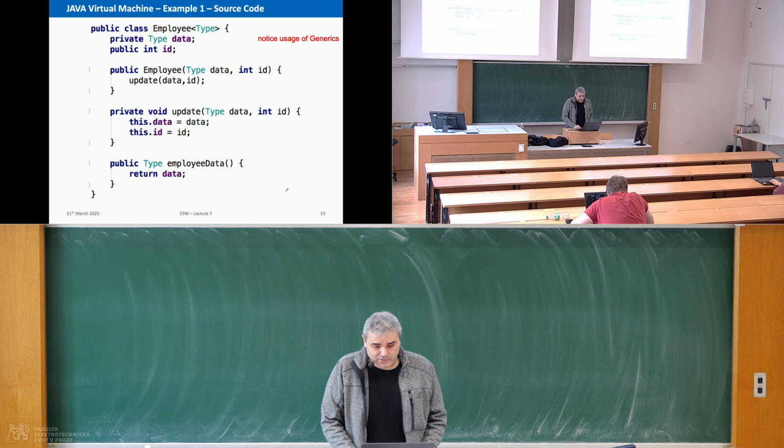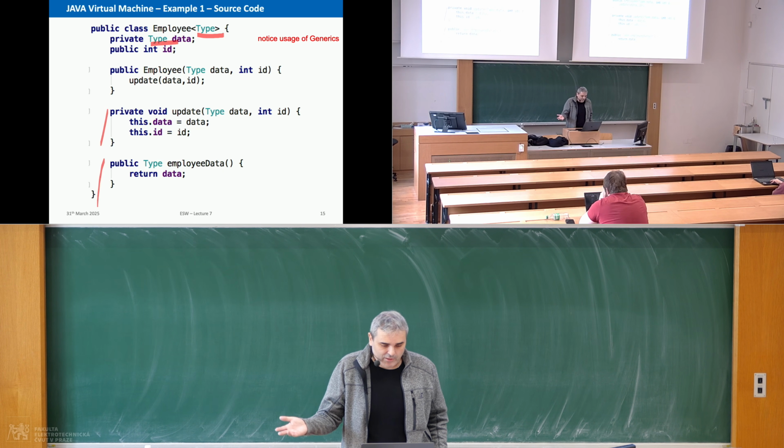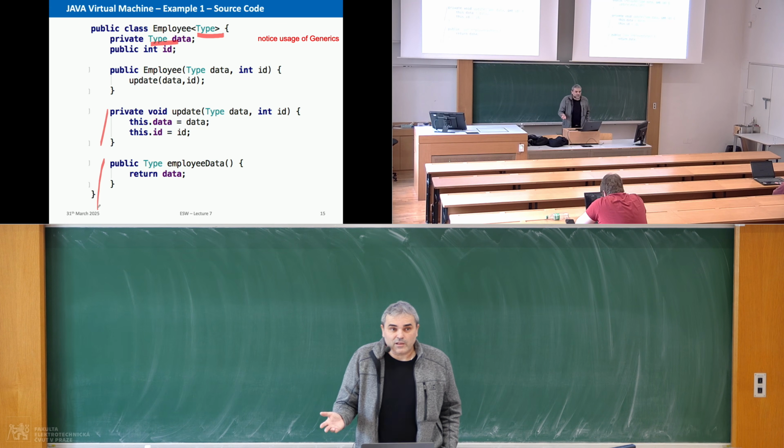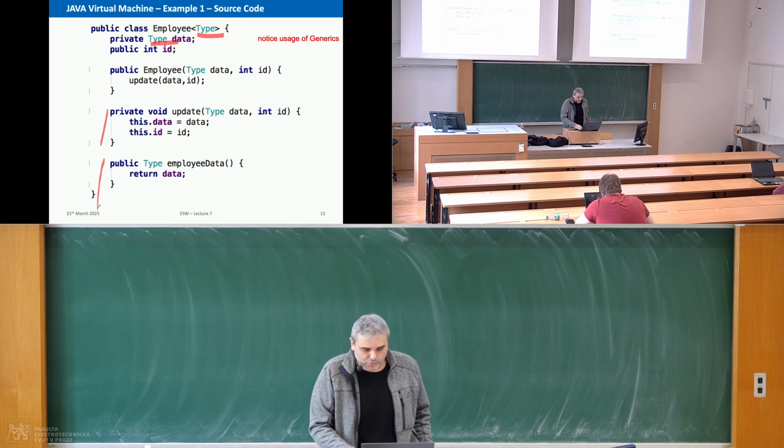The first example is a simple DTO object, some data object. Employee, which is using generics. Here, generic is used for the data. Then we have ID, we have some constructor, we have a setter, we have a getter. So just a very simple DTO object with two properties.